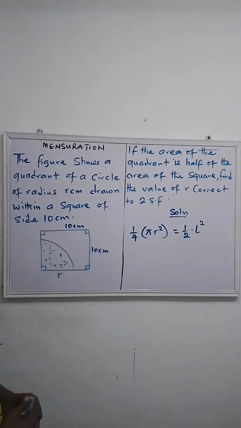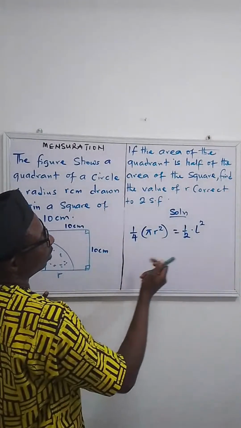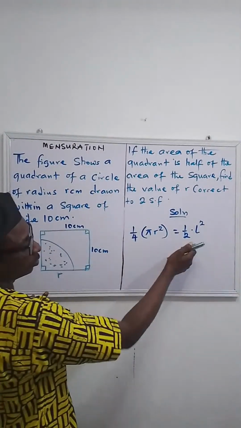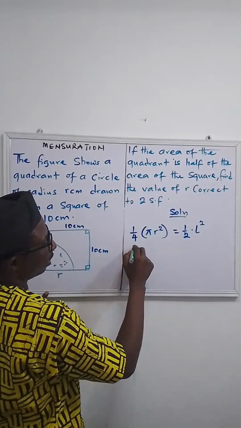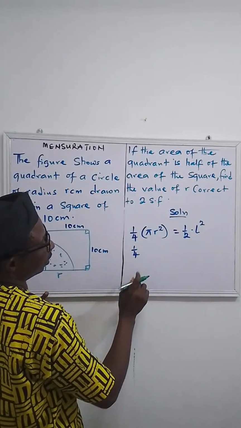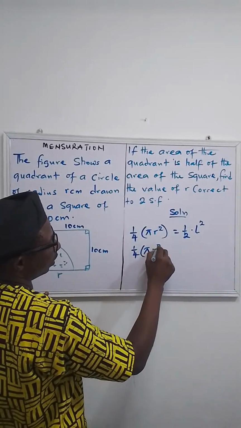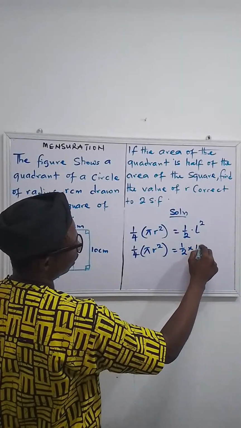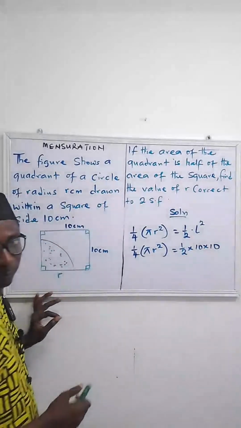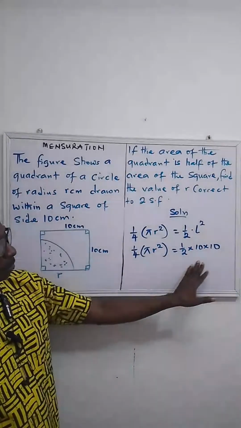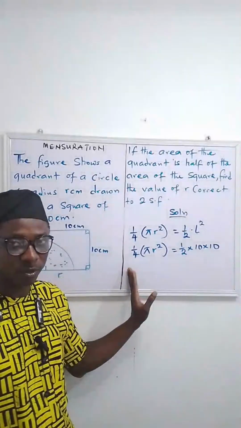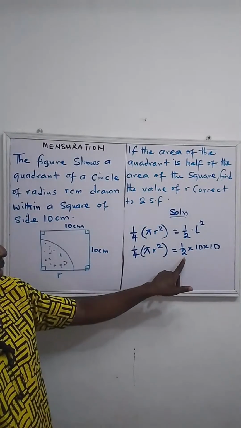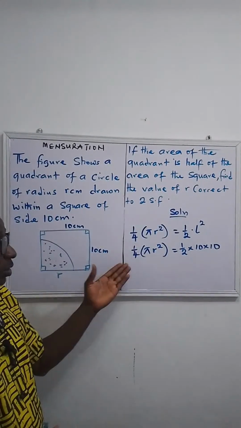Is that taken? All right. So now here we are given L, that is 10 centimeters. So can we substitute? Okay, so we have 1/4 times pi r squared equals 1/2 times 10 times 10. Okay, so the first thing I'm going to do here is to multiply both sides by 2, so that I'll clear this fraction, or I multiply 2 by 4.